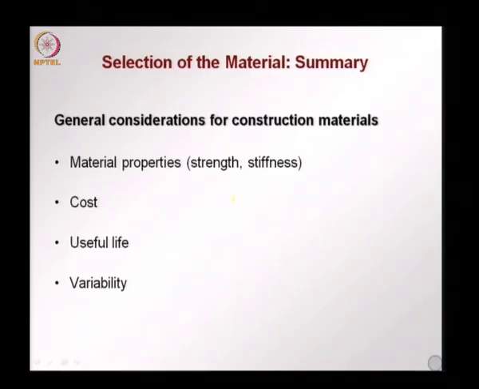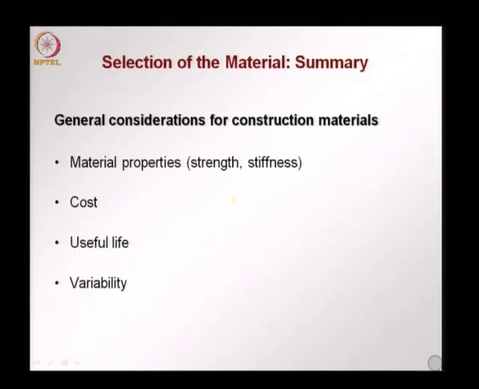And finally, we looked at variability being a very important consideration, where we want materials to have as little variability as possible in its properties, because having a high variability will bring down the characteristic strength relative to its mean value, and this is something that we have to emphasize.